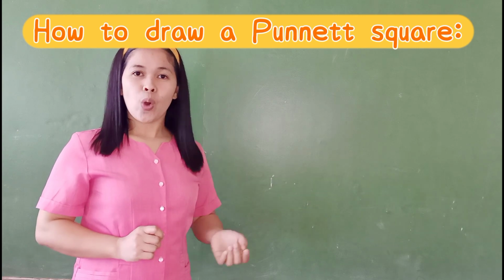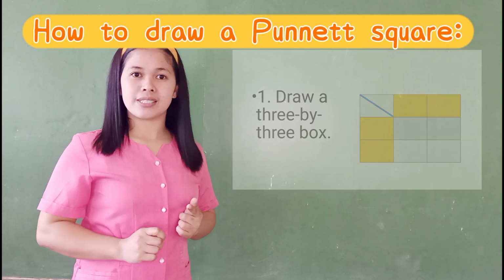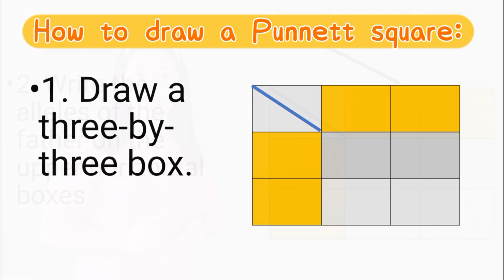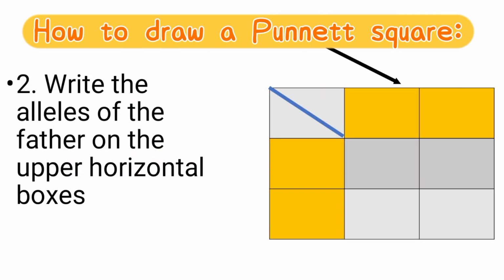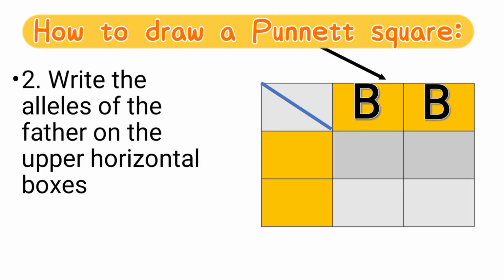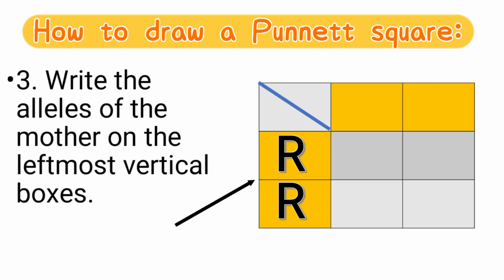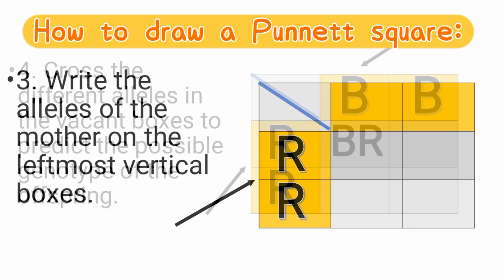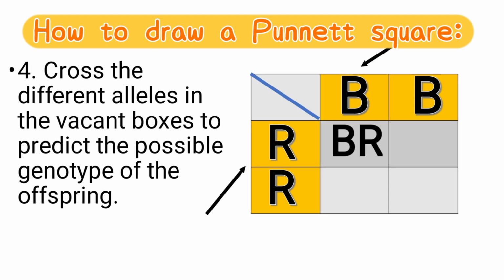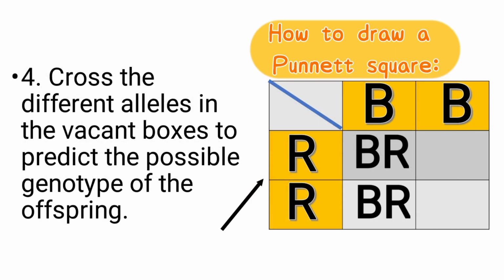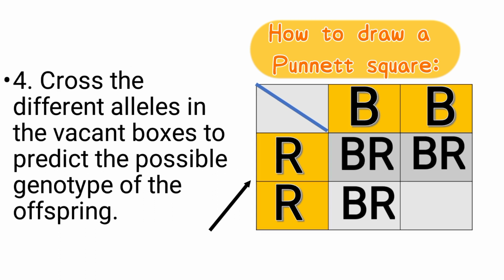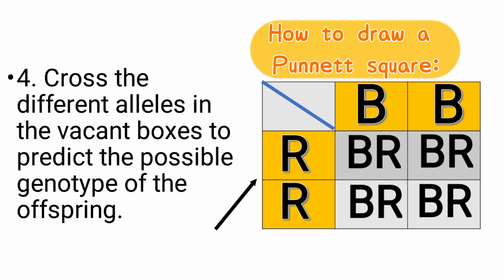First, draw a 2 by 2 box. Second, write the alleles of the father on the upper horizontal boxes. Third, write the alleles of the mother on the leftmost vertical boxes. Finally, cross the different alleles in the vacant boxes to predict the possible genotype of the offspring.